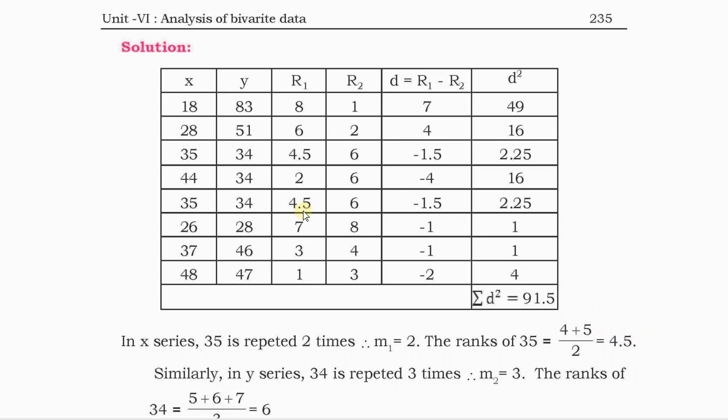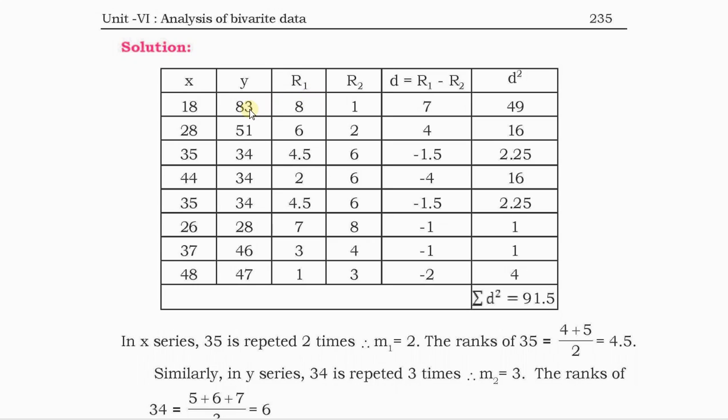Hence we assign 4.5 here and 4.5 here. Since the ranks 4th and 5th are gone, the next highest value will be given the next rank, that is 6. So which is the next number here? 28. 28 is the next number, so it is given the rank 6. 26 is the next highest value, it is given 7th rank, and 18 is given 8th rank.